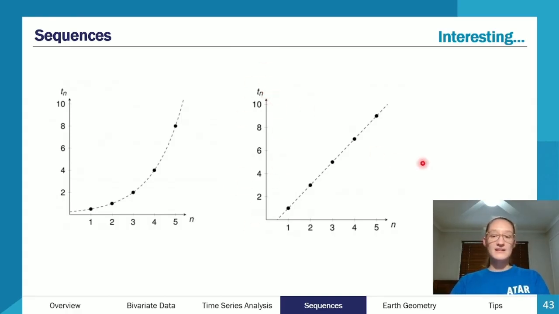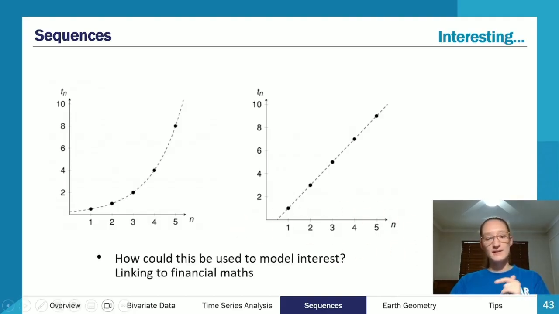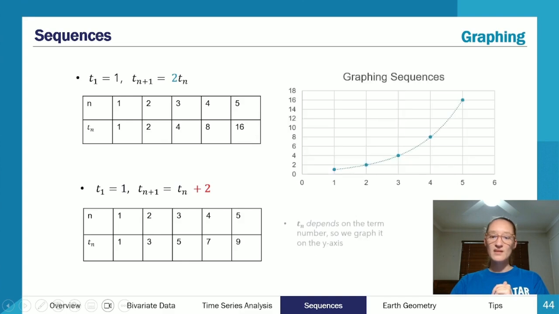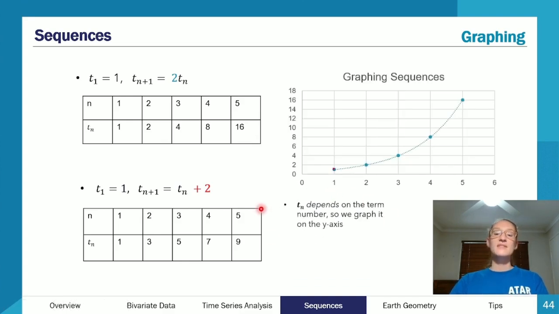And that is because Tn, the output, the number we're resulting in, depends on the term number. So term 1, term 2, term 3. So that's why we always graph n on the x-axis, and we always graph Tn on the y-axis. It's like explanatory variable and response variable to make that connection there.